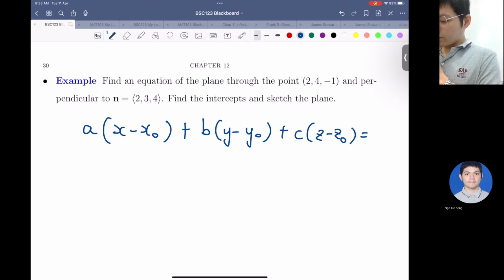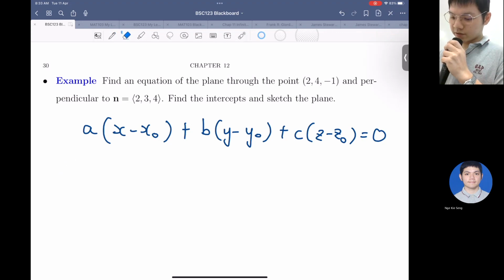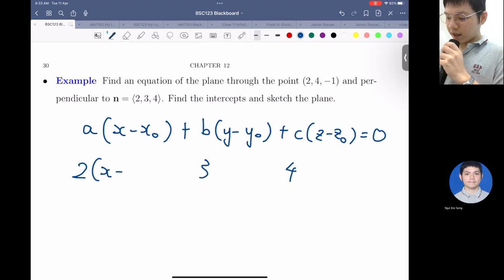If you can't memorize the formula, it's okay. You just take your formula out and put it at the side, and study the question side by side. So what is A, B, C in this case? 2, 3, 4. Good. And x, y, z are any point on the plane.